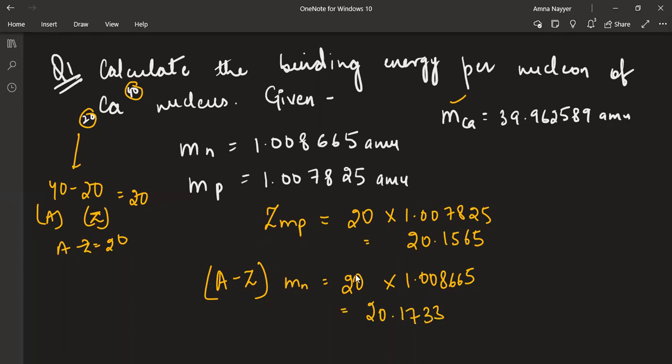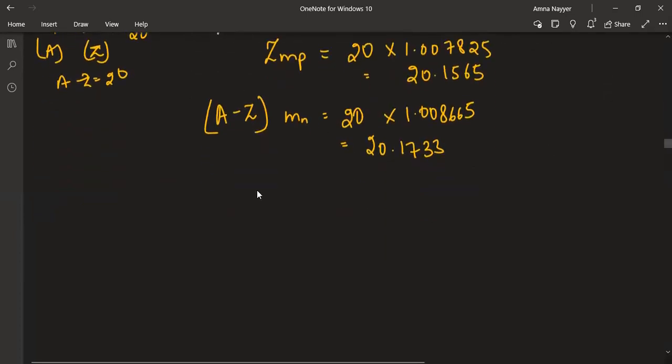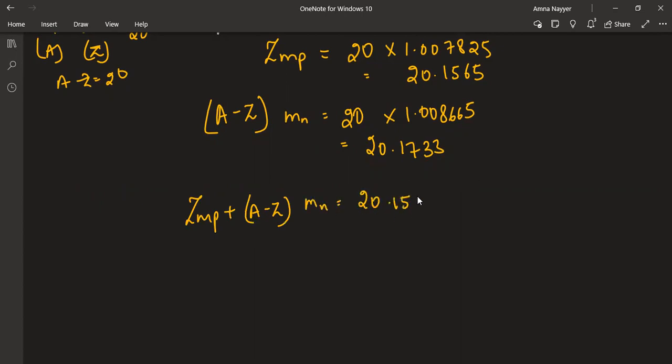So this is ZMP and this is your (A minus Z)MN. So we'll add these, around 40 you should get, no? So ZMP plus (A minus Z)MN would be equal to the sum of this, 20.1565 plus this. How much is this?